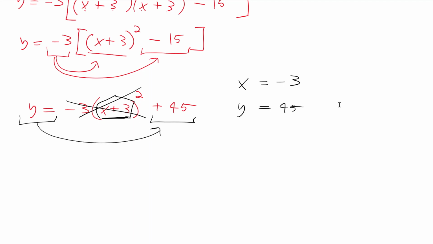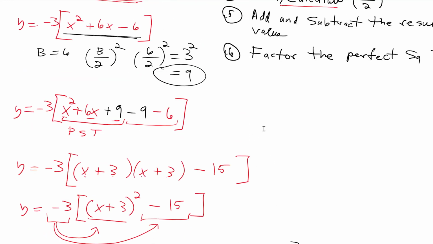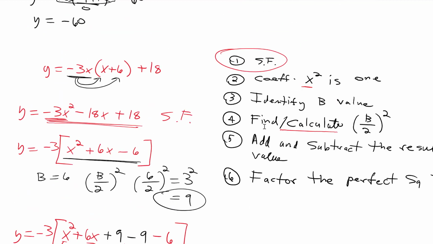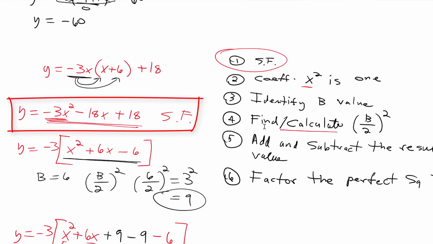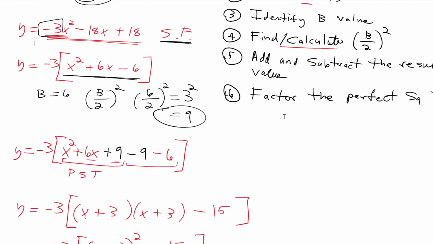And so our vertex is at negative 3, positive 45. And this parabola, all right, let's look at the problem. This parabola opens down. Well, we look at it in standard form, and we see that the coefficient of x squared is negative 3 to be exact, and so therefore this parabola opens down.